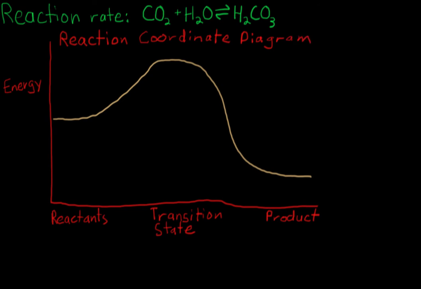So we have this reaction coordinate diagram, and we start with our reactants. And they have a certain amount of energy. And then we end up with our one product, which is carbonic acid.